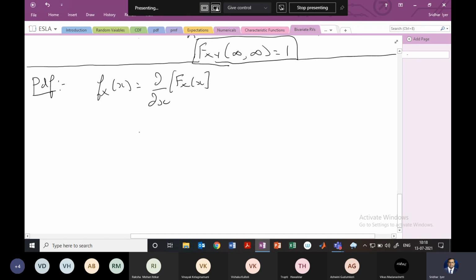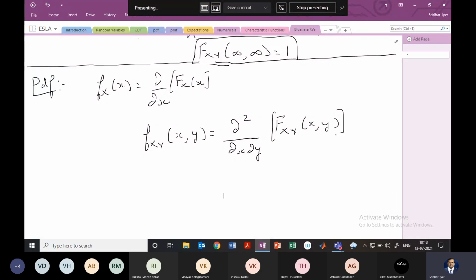If we extend this to bivariate random variables, we'll have f_XY(x, y), and now instead of the first order derivative we will have a second order derivative, d square by dx dy, because you'll have to find the derivative with respect to x and then y, of F_XY(x, y). You can see there's no difference. It's just an extension, right?